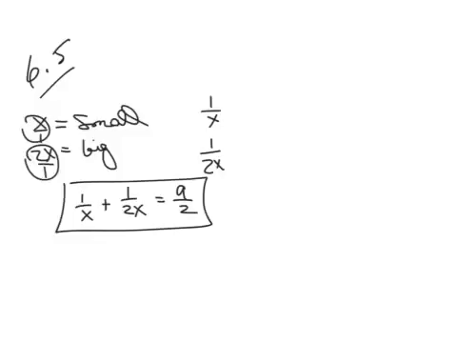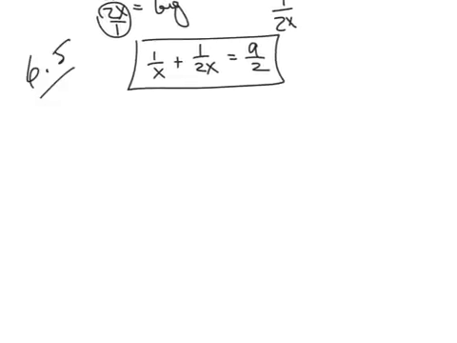Okay, so let's give ourselves a little bit of room, move this up, because what I have there in the box is all we really care about. Now we just have to add those. So what is the common denominator? Well, the common denominator is whatever we're missing in each one of these. So if you look at this one, what are we missing? We're missing a 2.